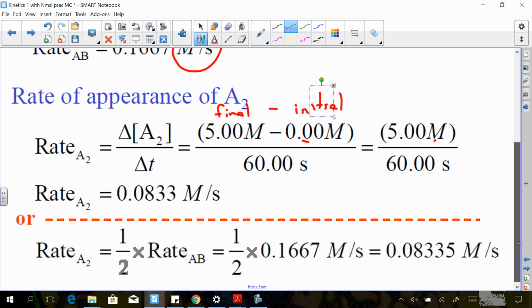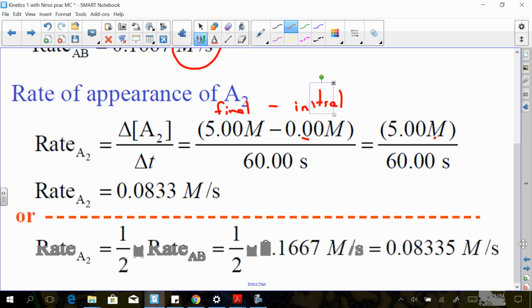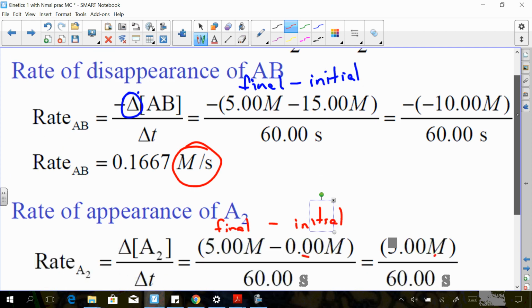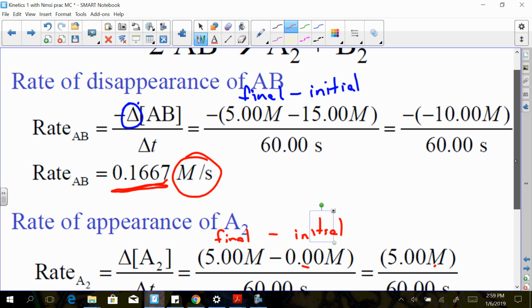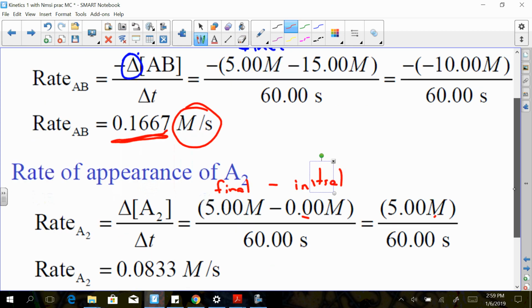You could have also said, hey, I have the rate of one of these. I can use stoichiometry and get the rate of the other. And so instead of doing this part for A, you could have gone back to this answer right here and said, okay, I know the rate of AB. If I want the rate of this one, I know it's going to appear at half the rate.